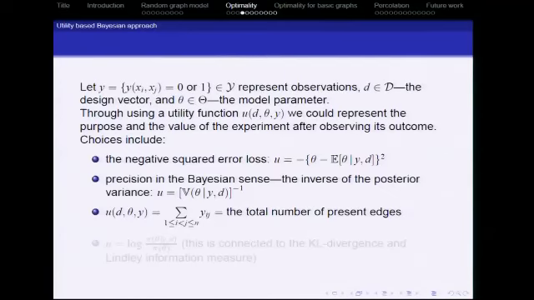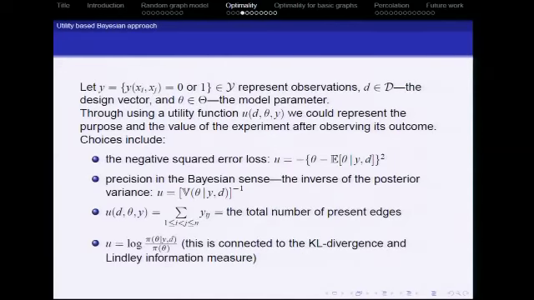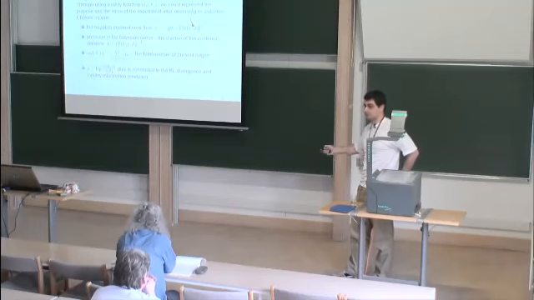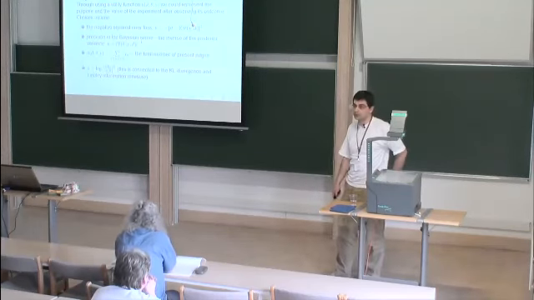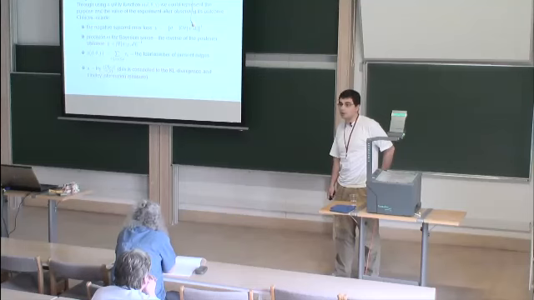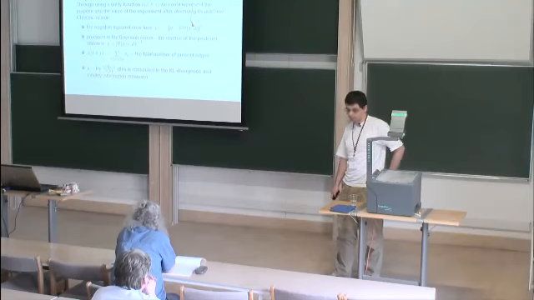From some considerations, we might want to minimize the total number of observed edges. Another possibility for the utility will be the log of the ratio of posterior to prior. And if we want to maximize the expected utility, something that we'll be doing, that corresponds exactly to the use of Kullback-Leibler divergence or Lindley's informational measure.